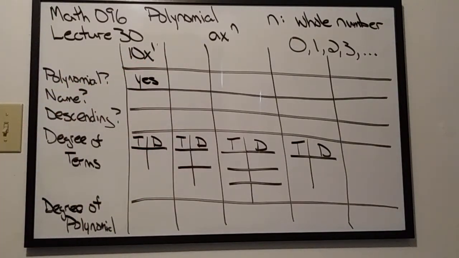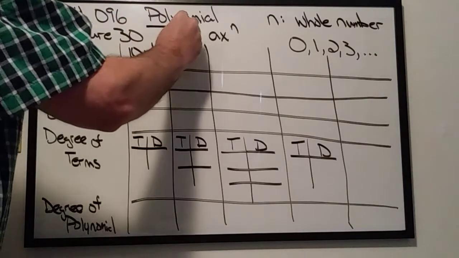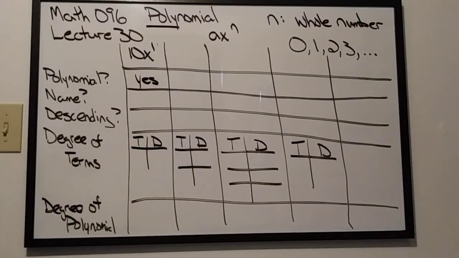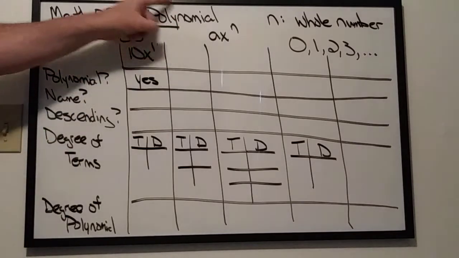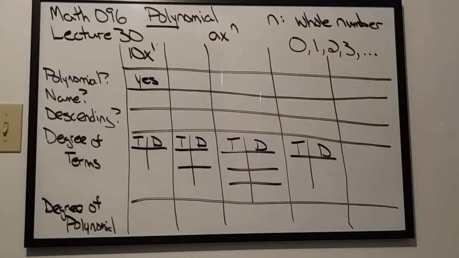Now the next question is, does this polynomial have a special name? Well, if you look at the word polynomial, it's simply saying that you can have lots of different terms. However, if you have a very special number of terms, then you can replace this word poly with something that specifies exactly how many terms you have.